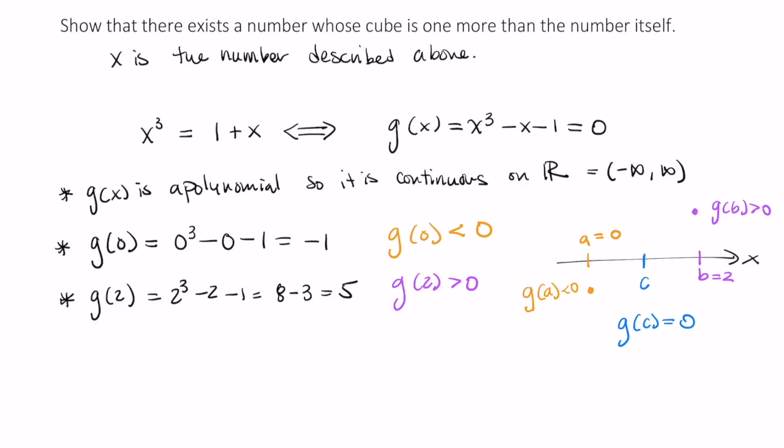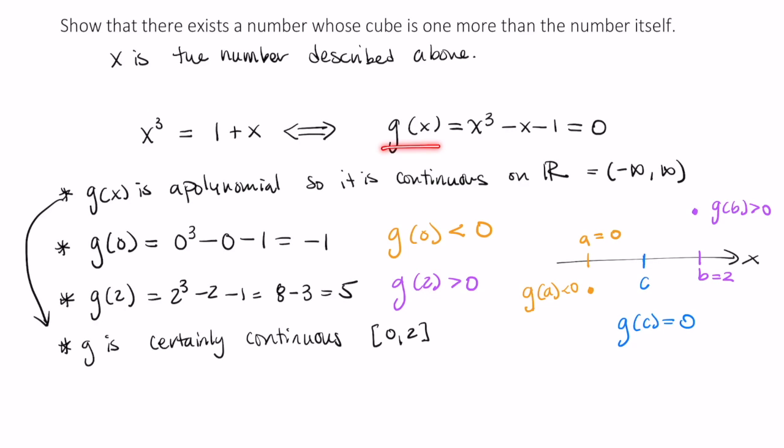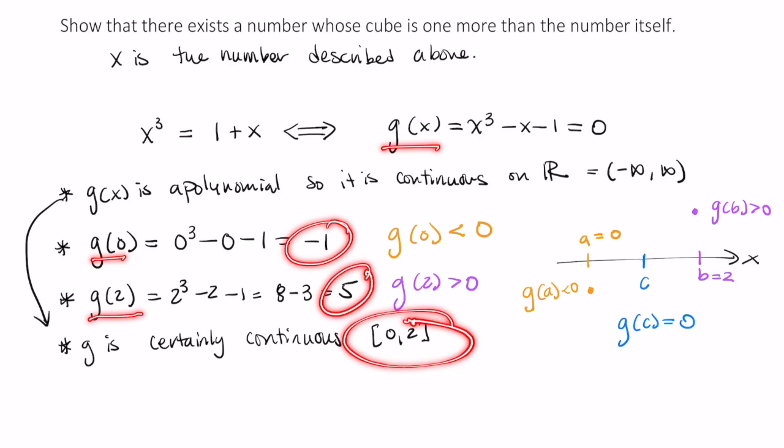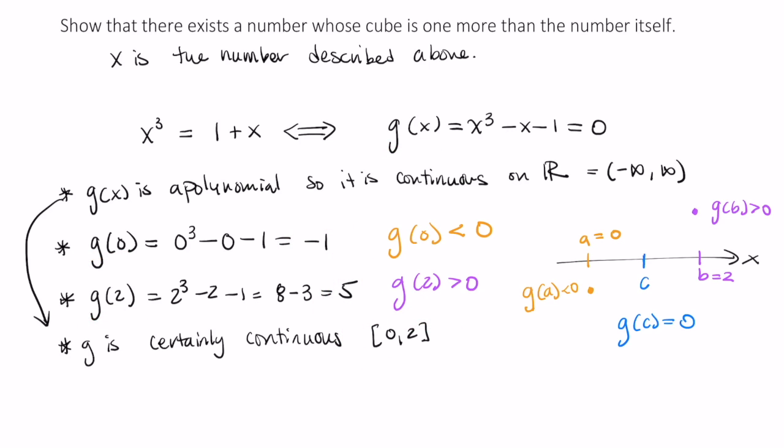We know g is a polynomial, so it's continuous on R. So g is certainly continuous on the closed interval from 0 to 2. Since I have a continuous function on a closed interval, and when I evaluate this function at the endpoints of the interval, these values are not equal to each other, I can apply the intermediate value theorem.